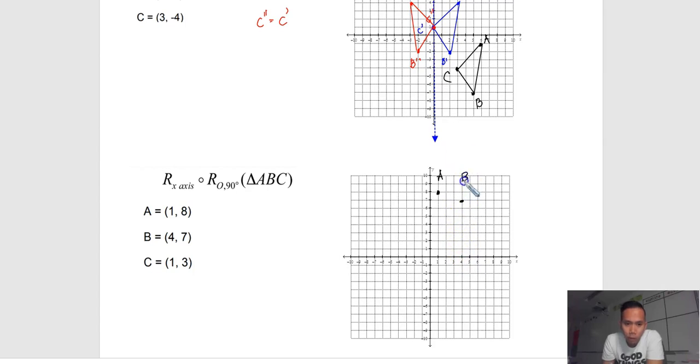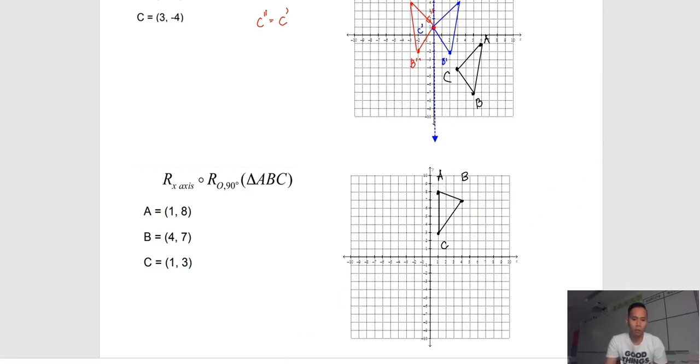This is B. And my C is at 1, 3. Okay, so I'm going to connect this using black color. There you go. I have my triangle ABC.